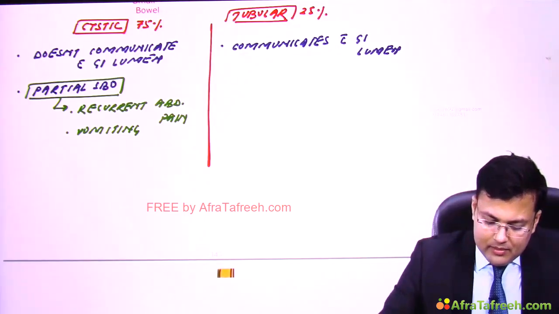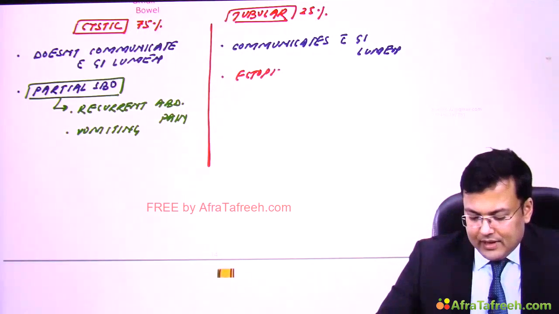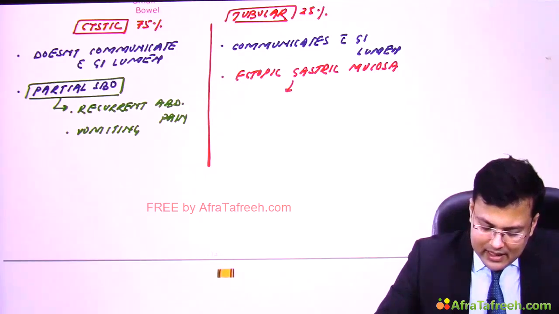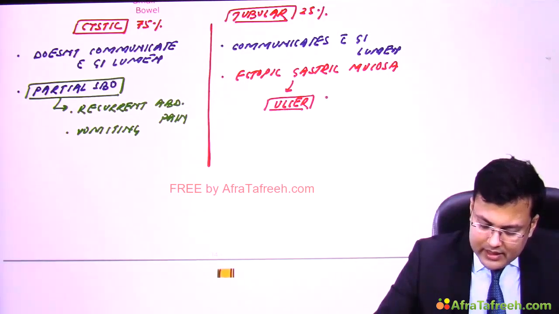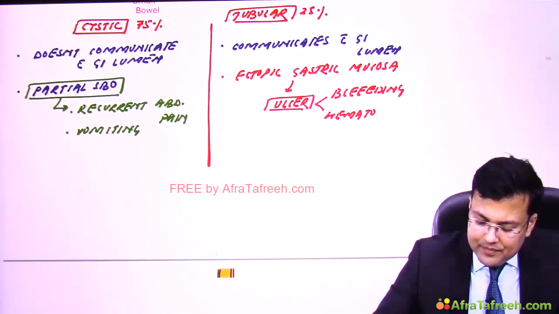And the problem is that there is presence of ectopic gastric mucosa, and because of this ectopic gastric mucosa there is production of acid, and this acid leads to ulceration, and because of this ulcer, what's the problem? It can lead to bleeding. So the manifestation is bleeding, that's hematochezia.